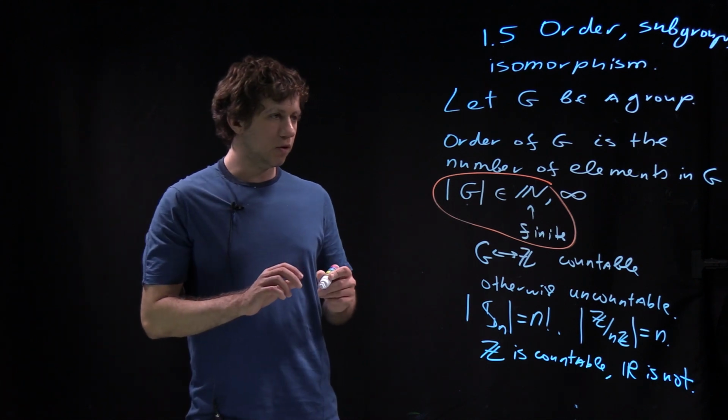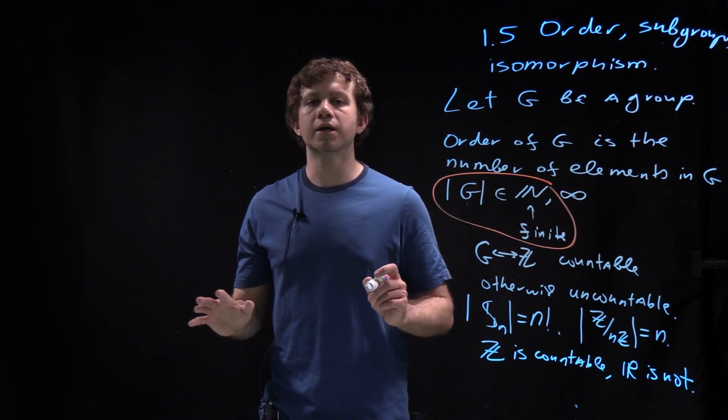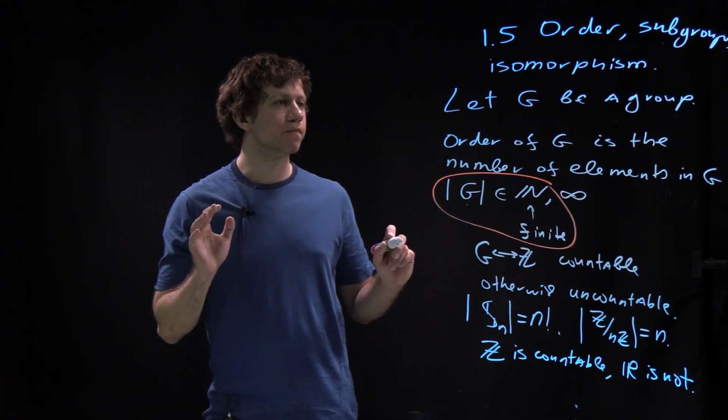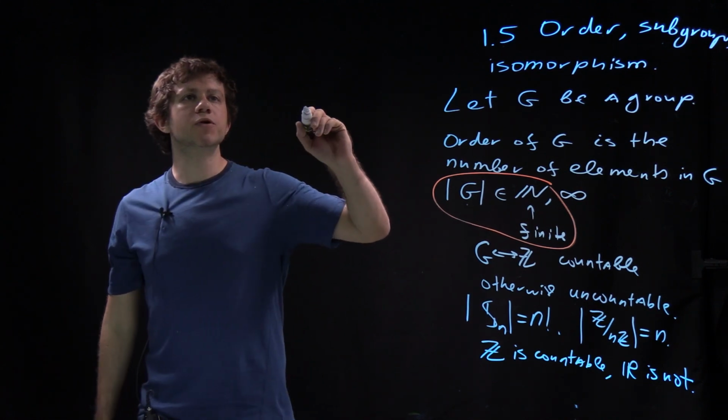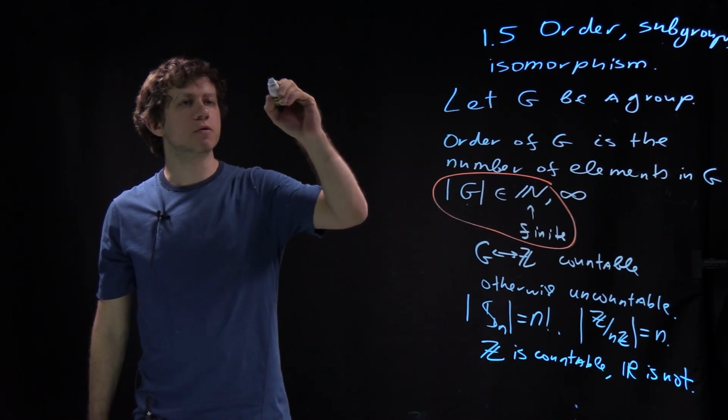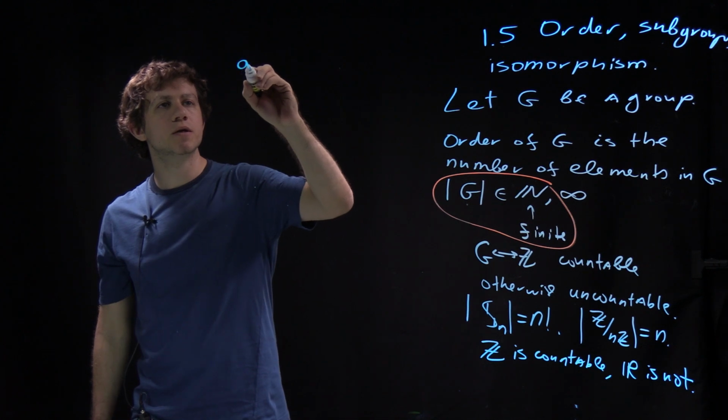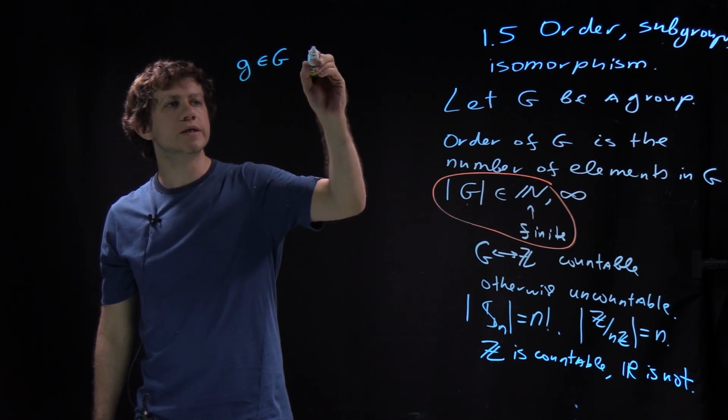Okay, so next question is, let's just look at one element in a group. So first I want to make a remark about degrees. Let g in G be an element.